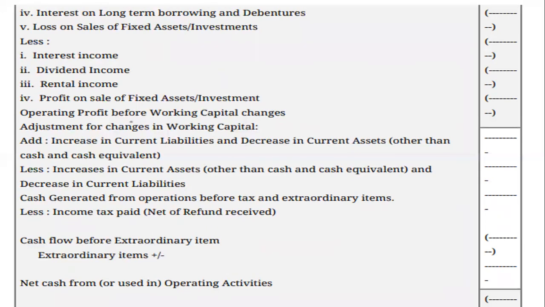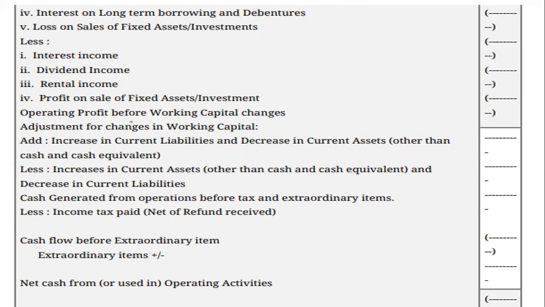Any extraordinary item, either it is loss or profit, which does not occur on a regular basis, will be taken into consideration, that is either a profit on sale of fixed asset or investment, or a loss on sale of fixed asset or investment. That will give the final answer of net cash flow from operating activities.